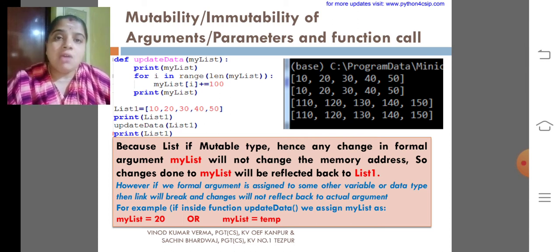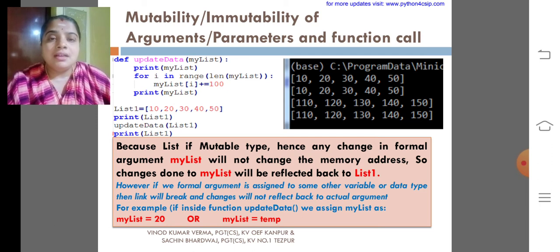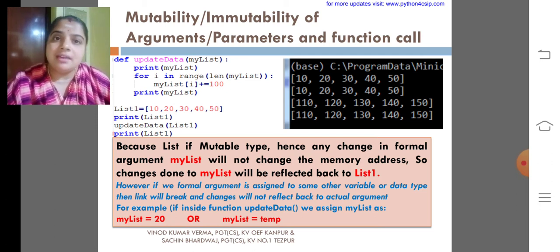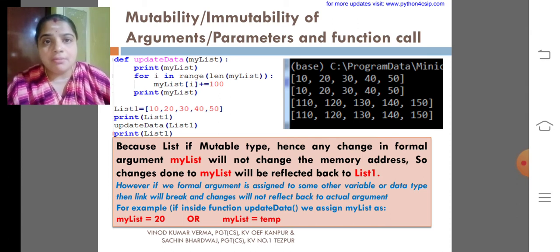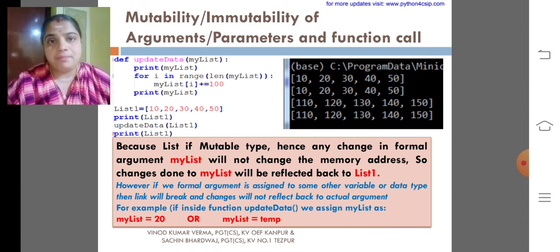So we will get the output in the first line: 10, 20, 30, 40, 50. What is the third statement? Update data of list 1. So what happens? That list will be passed to the formal argument myList.